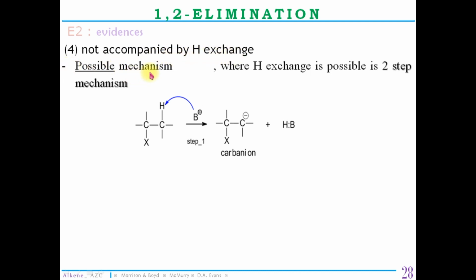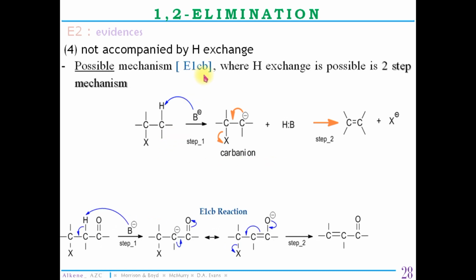For this, we have a possible mechanism where hydrogen exchange is possible, a two-step mechanism, where in the first step the base abstracts this hydrogen which gives a carbanion, and then this carbanion uses its electrons to make a double bond, and simultaneous removal of this leaving group gives the alkene in the second step. This two-step mechanism is seen in the E1cB reaction.